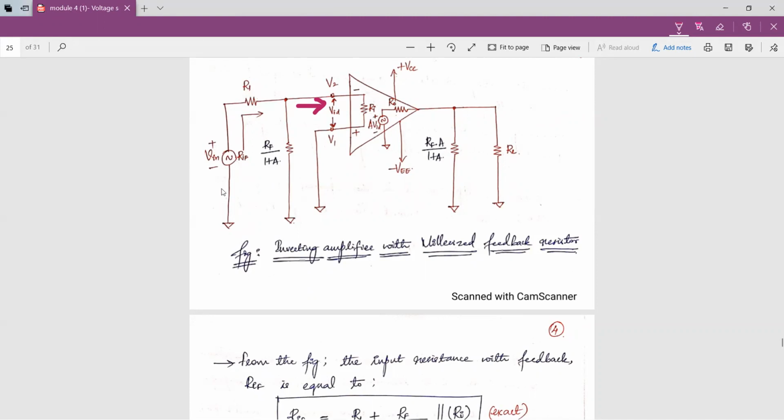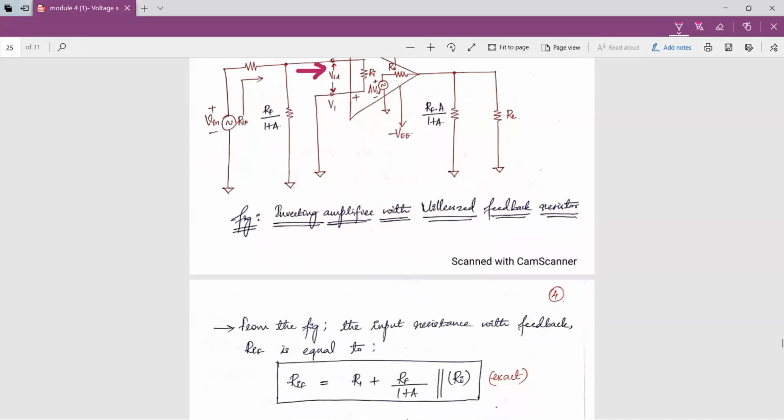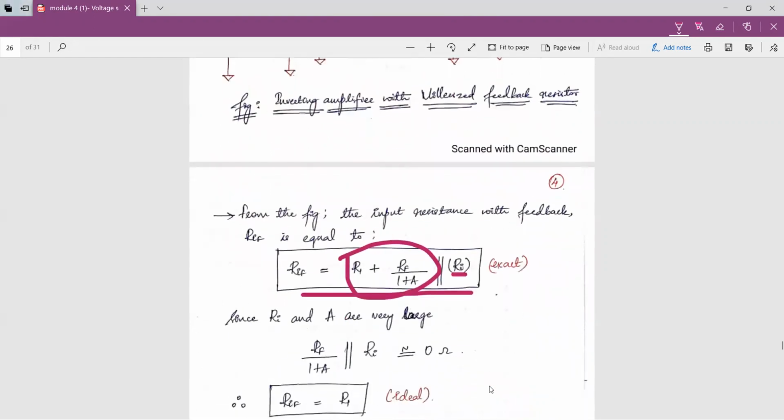So this input resistance with feedback will be equal to the series combination of R1 and Rf by 1 plus A, and this in parallel combination with the input resistance of the op-amp. So I'll write Rif as equal to R1 plus Rf by 1 plus A. This is series combination, and this is in parallel with this Ri, that is the input resistance of the op-amp.